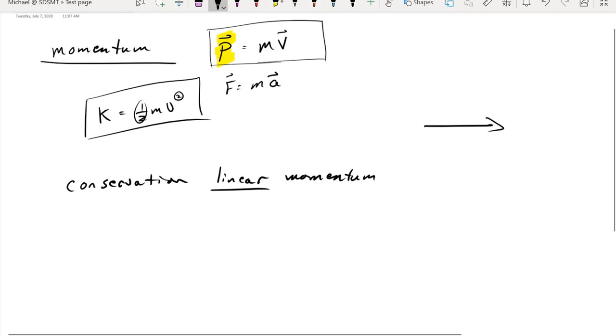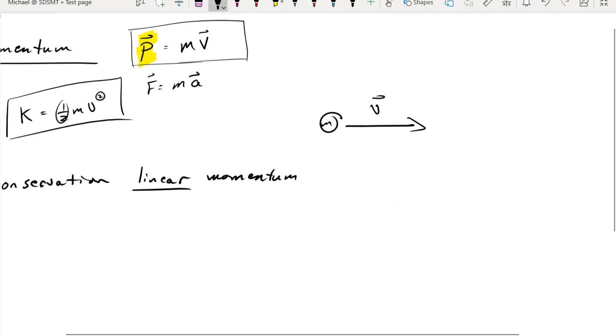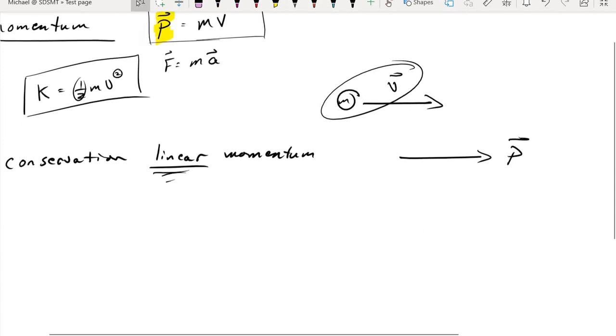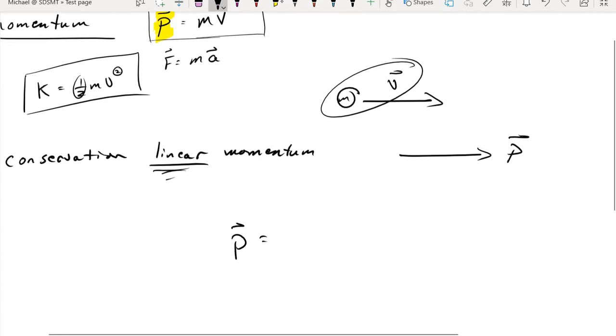So if we want to think of a mass that is moving with a given velocity, well, that velocity vector is pointing in a given direction or in a line. By combining the mass and the velocity together, we have a vector that we call momentum, and that equality statement says that we have to have the same thing on both sides of the expression.